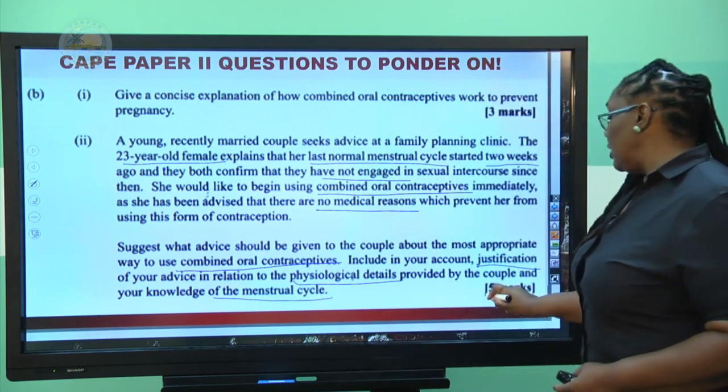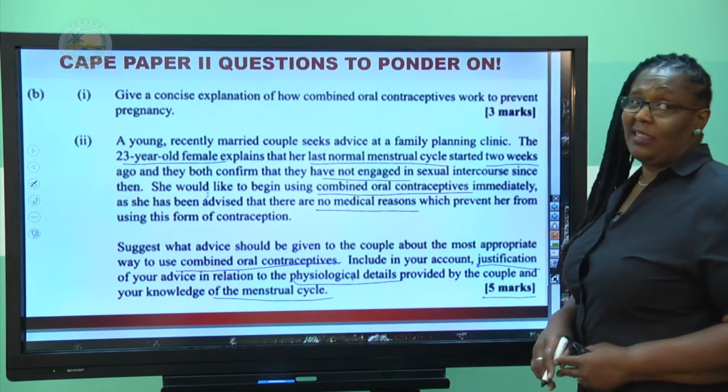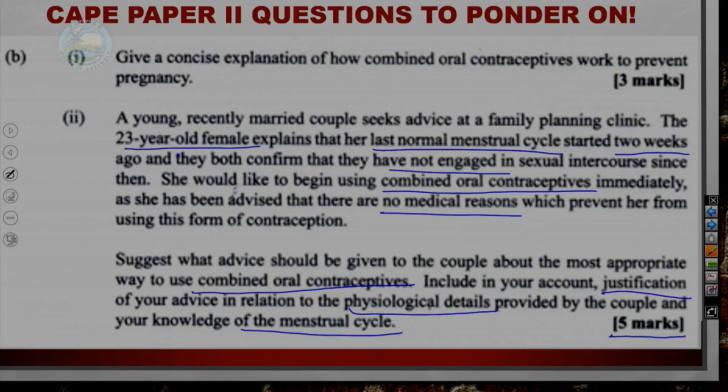Another thing you need to look at would be the marks allotted, because this is what will determine how you are going to answer the question. Justification, physiological, I would suggest again, when you are reading the question, please underline the key parts, the parts that jump out at you, because they can help you in how you answer your question. So let's go ahead to the answer.